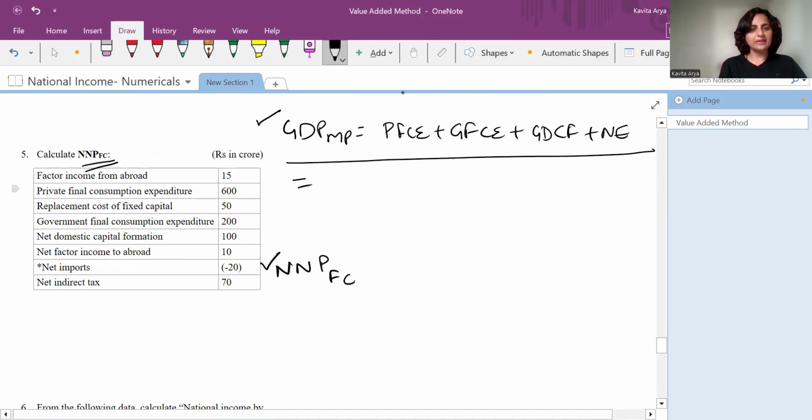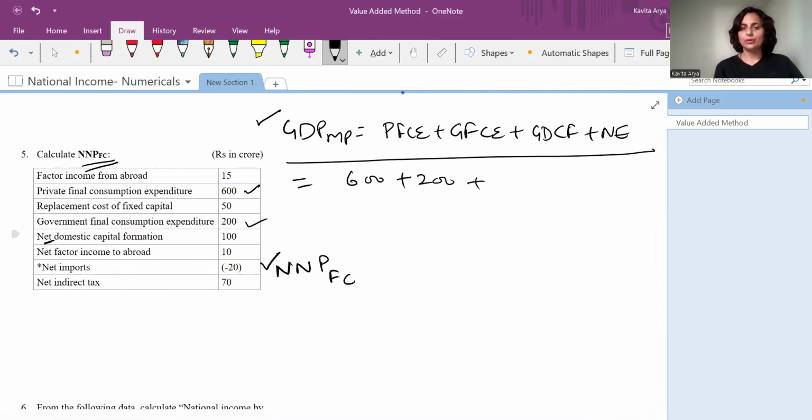So GDPMP is first private final, then government final, then gross domestic. So here we have net domestic. As I was telling you, if we do it not with G but with N, that will also give you the correct answer. So let us do this numerical from that perspective.